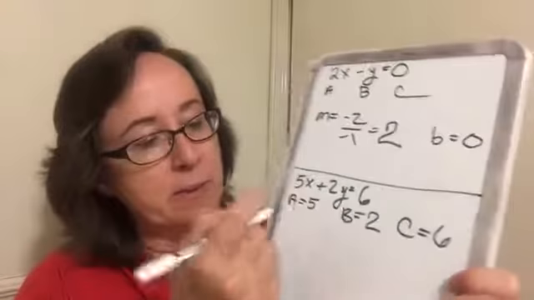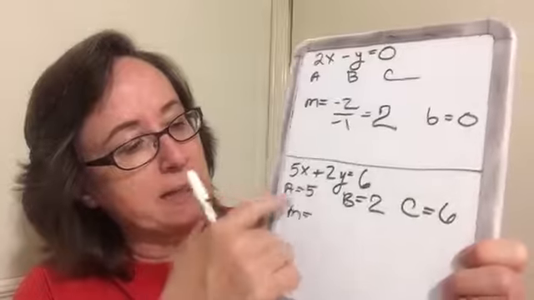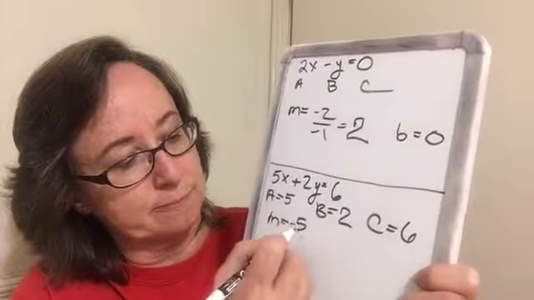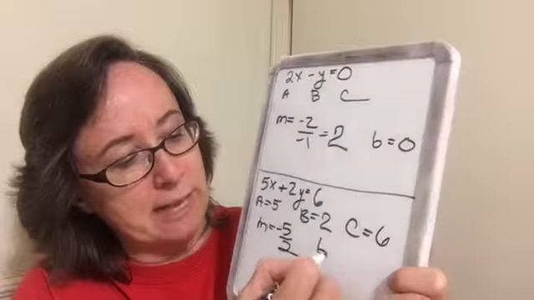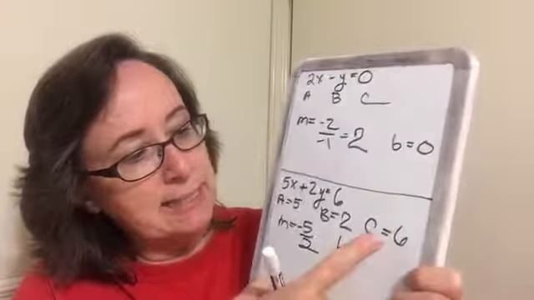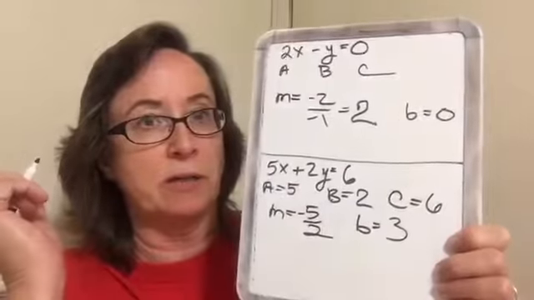So our m, or our slope, is going to be negative 5 over 2. And our y-intercept, our little b, it always stands for y-intercept, is c over b. Well, c is 6 over b is 2, so 6 over 2 is 3.